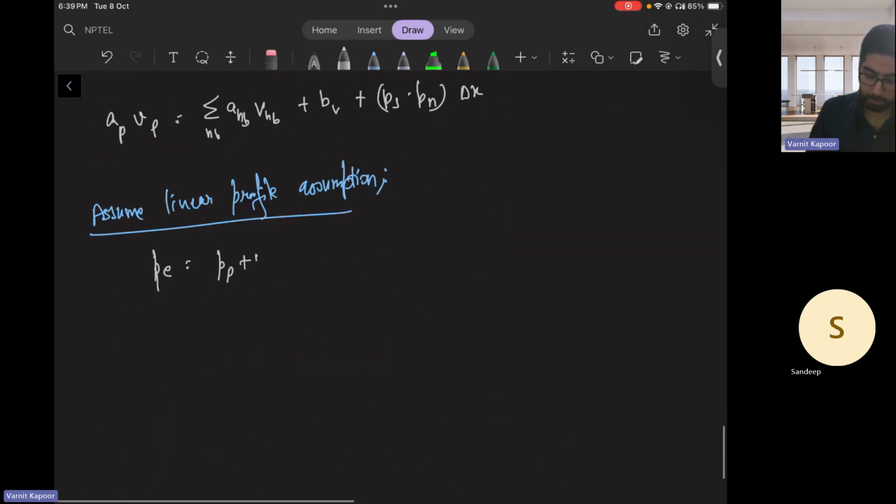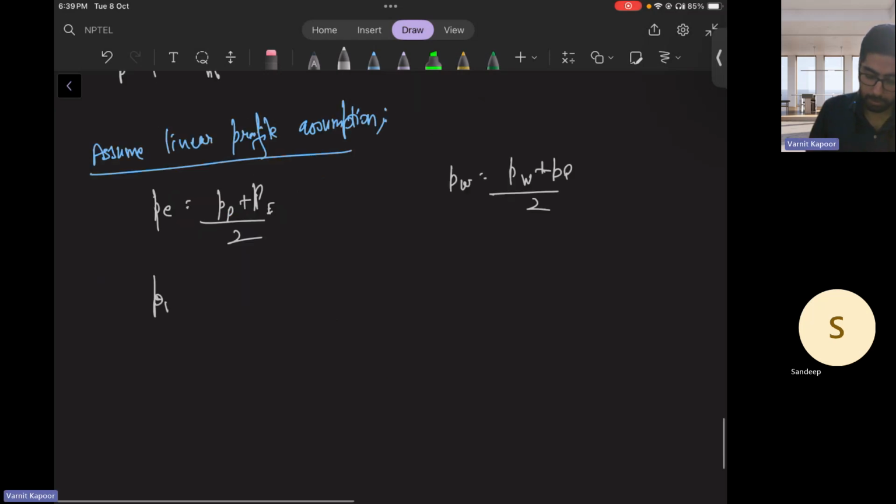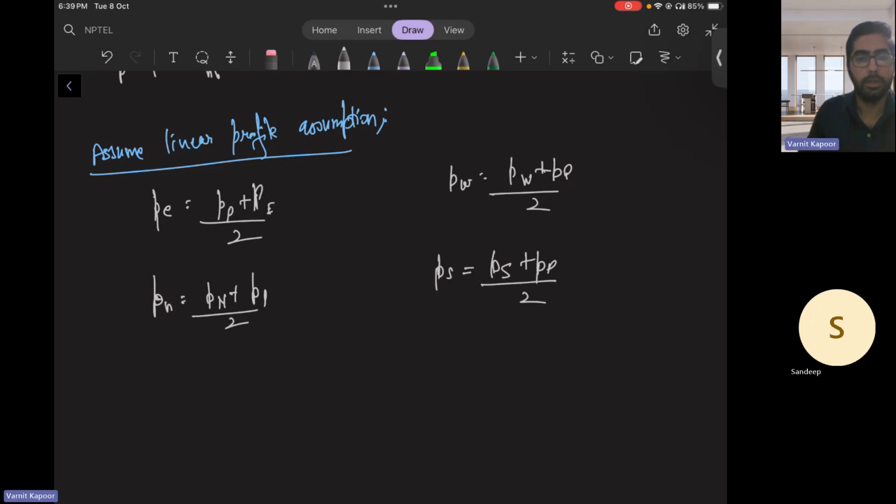Similarly, PW can be written as PW plus PP by 2. PN can be written as PN plus PP by 2. And PS can be written as PS plus PP by 2. All right.